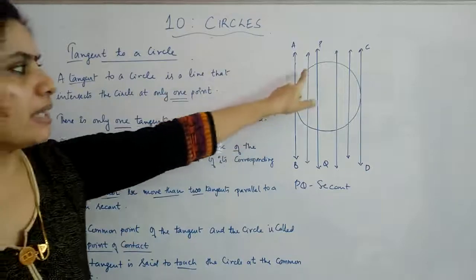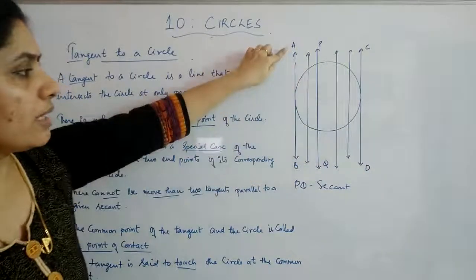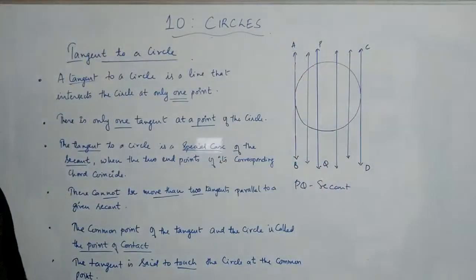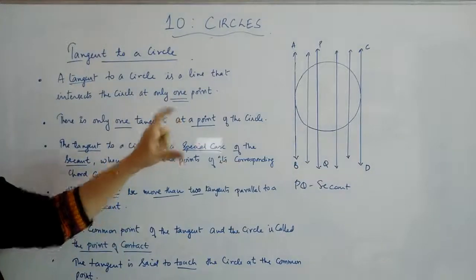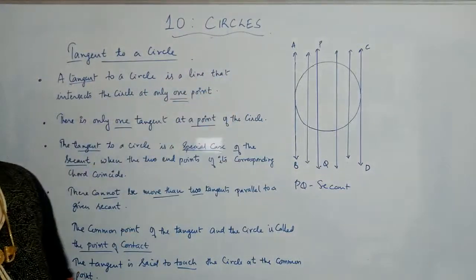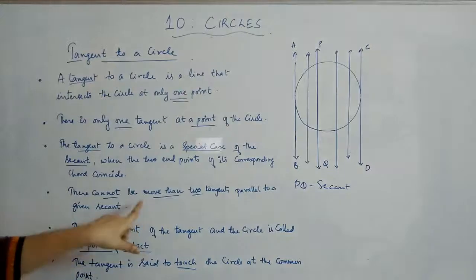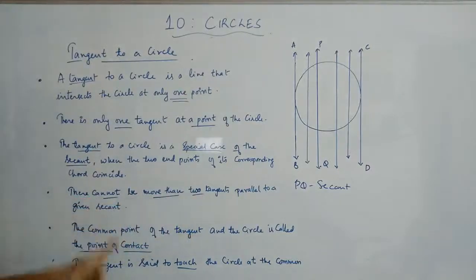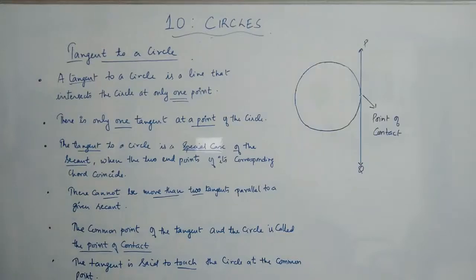That means the remaining are not tangents. Only AB and CD are acting as tangents to the circle, and both of them are parallel to the secant PQ. That means there cannot be more than two tangents parallel to the given secant.